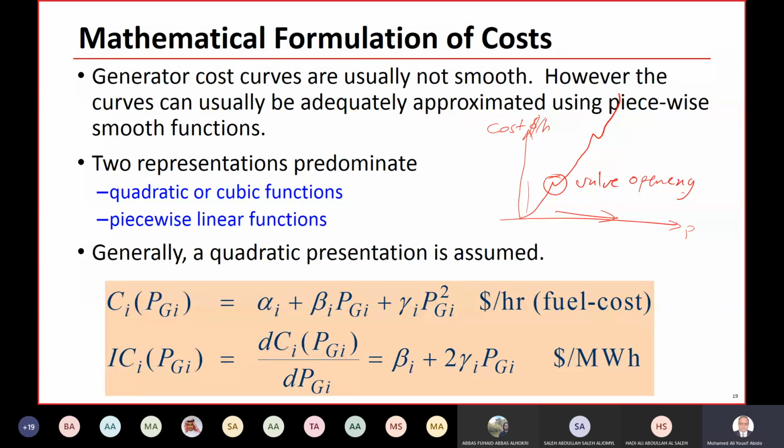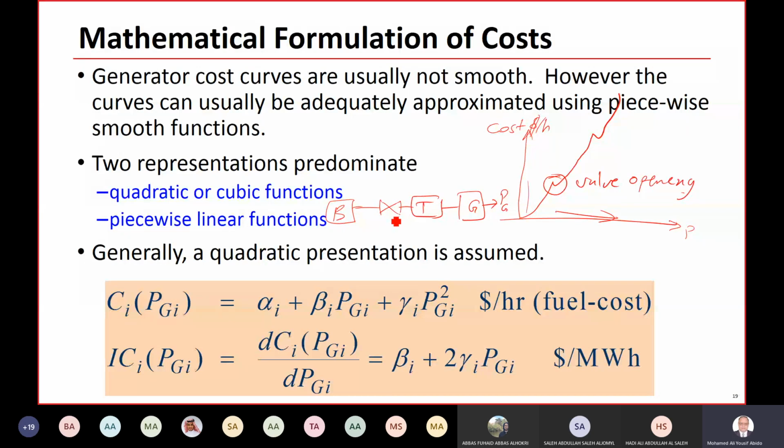You increase the steam going to the turbine. You have here the turbine, and this is the generator, and this is the output power. You have here the valve, and this is the boiler.